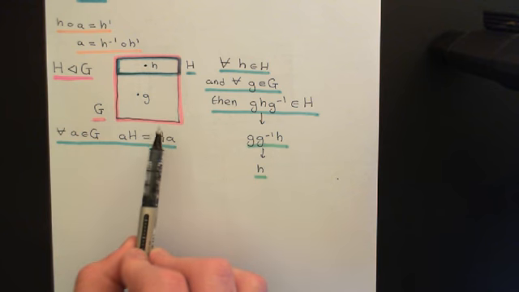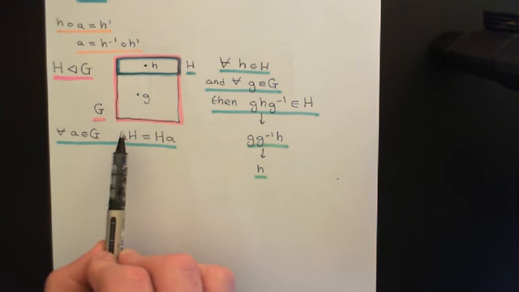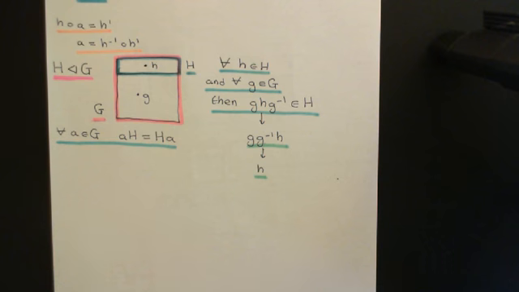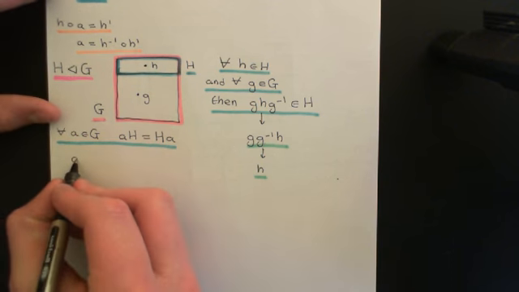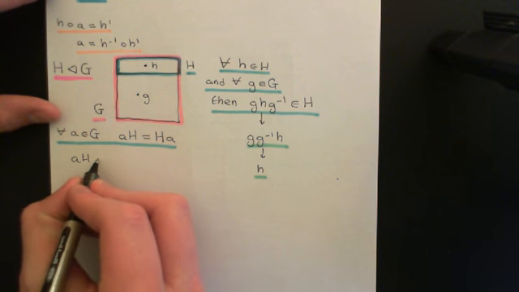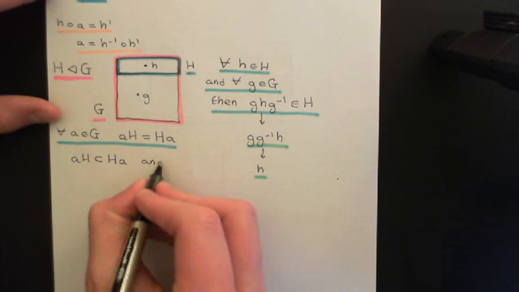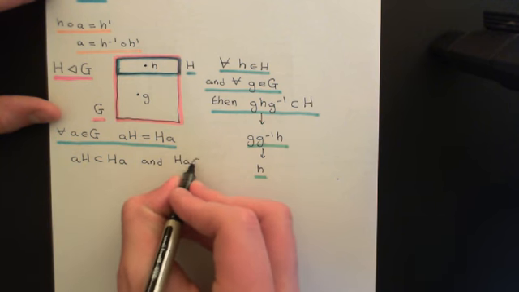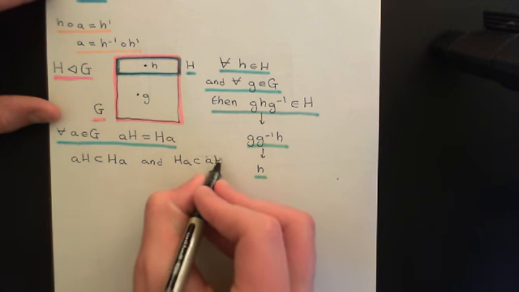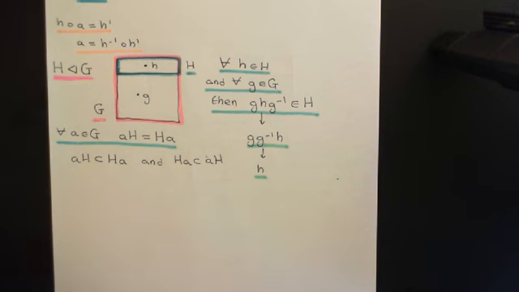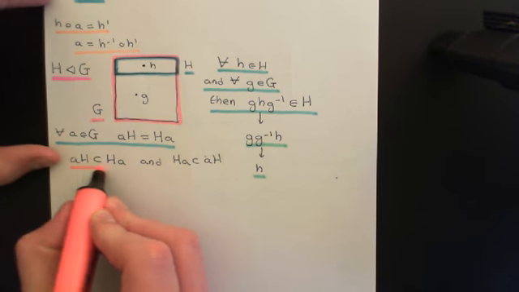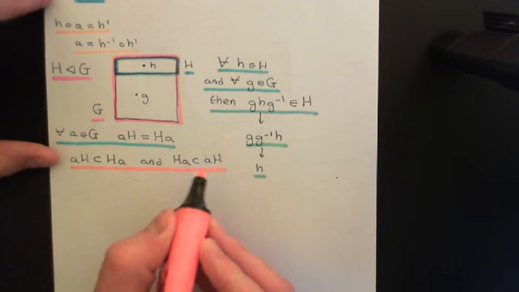I need to say any element in here, I need to show that it's in here, and then I'll have truly shown that these two sets are equal to one another. So basically what I want to do is show that this set is a subset of this set, and also that this set is a subset of this set. And if I prove both of those things, there's only one way that can occur: if the two of them are actually equal to each other.